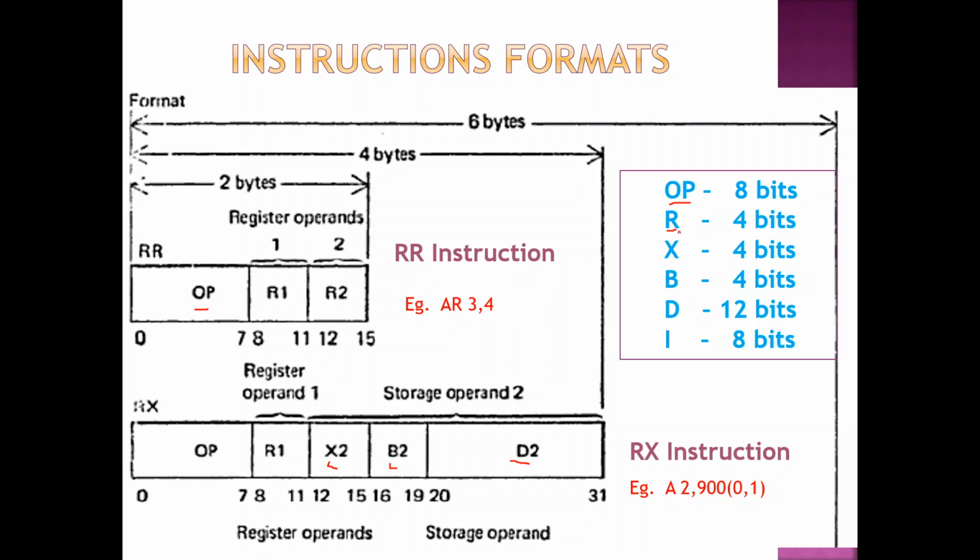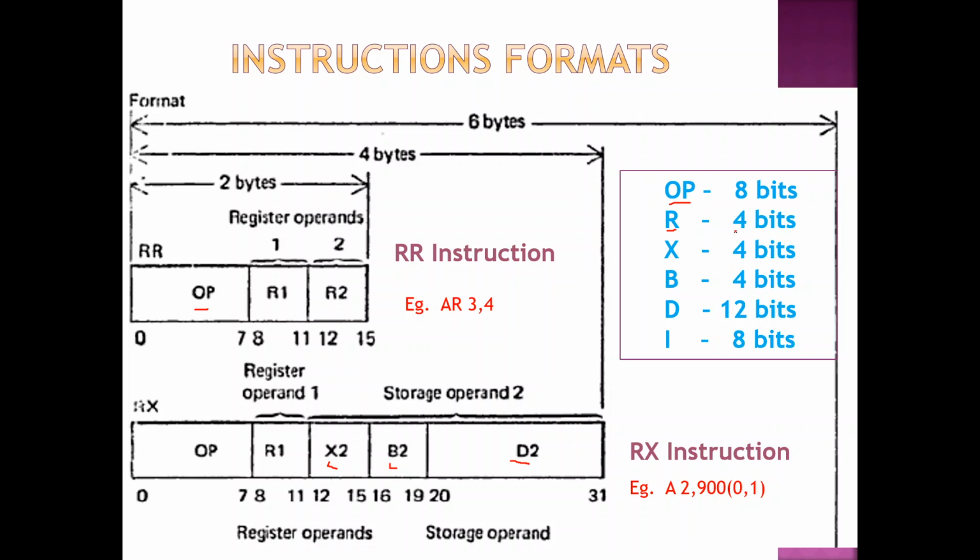R, registers, will always be stored in 4 bits only. Why? Because I have registers 0 to 15, so 16 registers. 0 can be represented using 4 bits, 0000, and 15 can be represented using 4 bits, 1111. That is the maximum, so just 4 bits is enough to represent all the registers from 0 to 15.